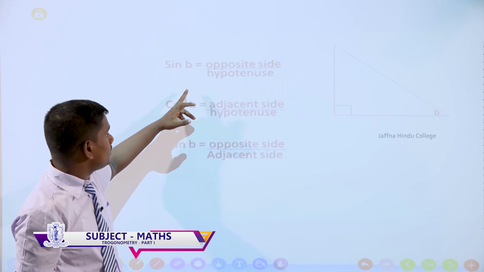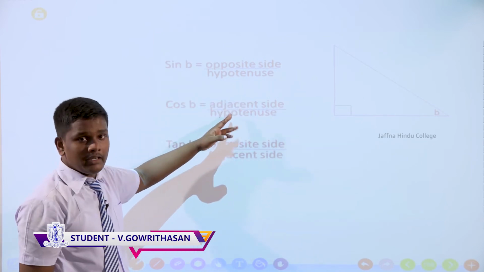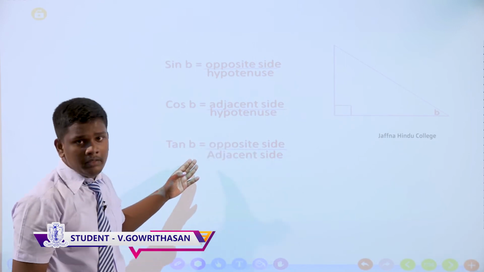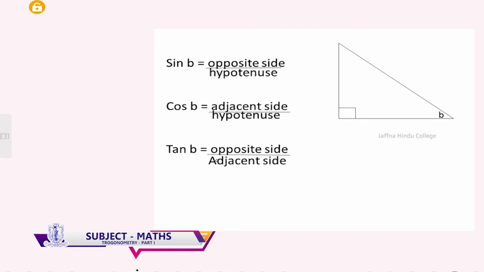Sin B means opposite side by hypotenuse, cos B means adjacent side by hypotenuse, and tan B means opposite side by adjacent side. If you want to remember, let's remember this: SOH, CAH and TOA. What does that mean?